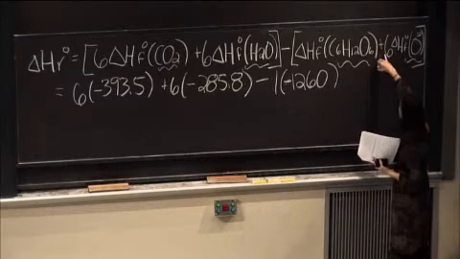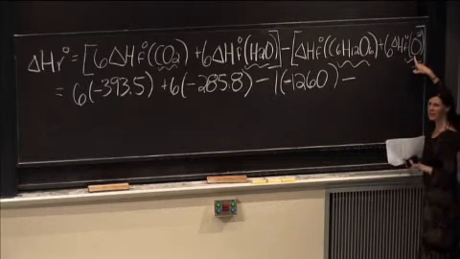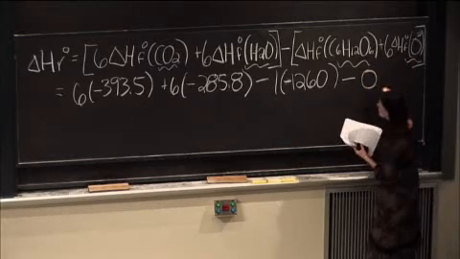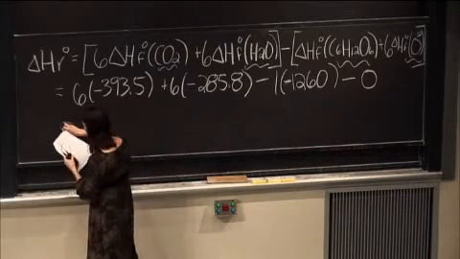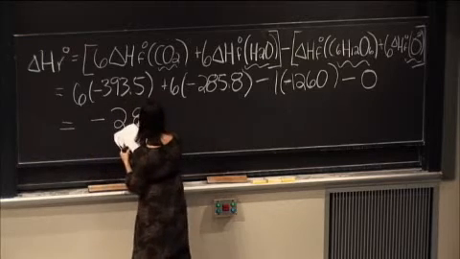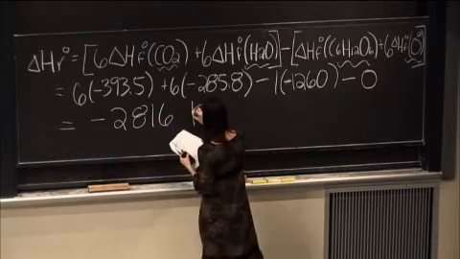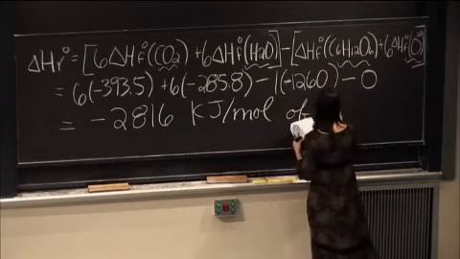And then what we're going to end up with is having minus, and what is it for oxygen again? So minus 0. So what we end up with in terms of the delta H for the entire reaction here is that we end up with negative 2816, and it's going to be kilojoules per mole of glucose.